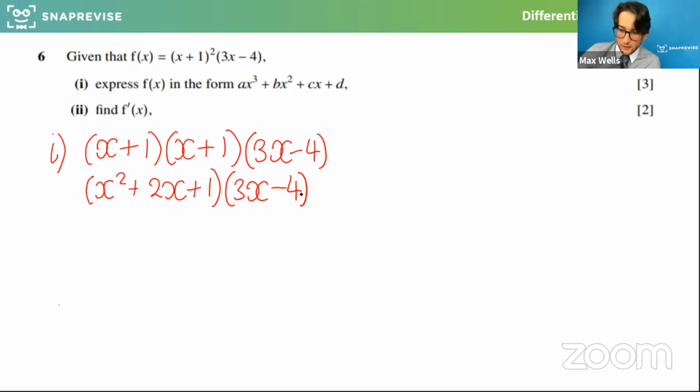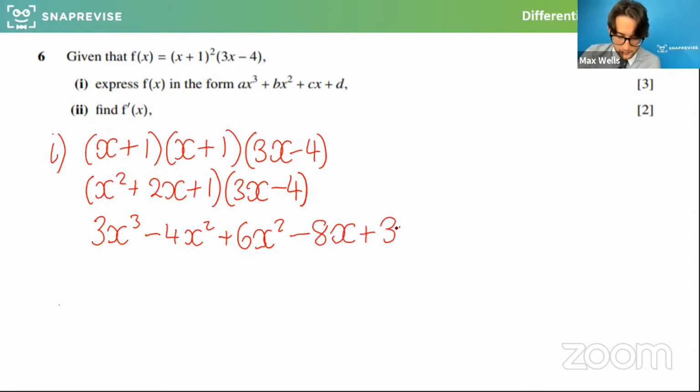So that's great. Right, let's expand this out. So this would give us 3x cubed. So we just got to remember to times all the bits together. That's why it's kind of tedious. 3x cubed minus 4x squared plus 6x squared, sorry, my pen went a bit weird there, 6x squared minus 8x plus 3x minus 4.